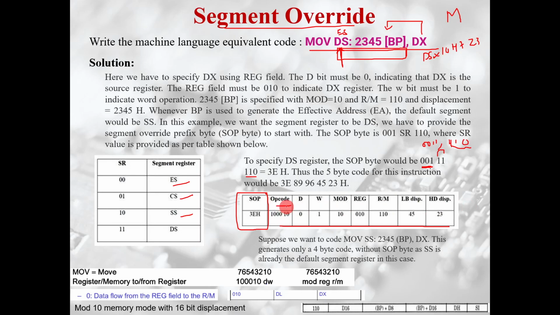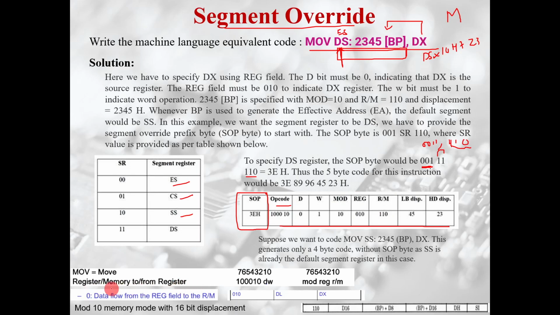These tables I had discussed in my earlier class, so I have just put a snapshot of the relevant parts. This entire table is available in our previous few lectures. The first one is the opcode, which is the move instruction. Here we are moving from register to memory, and it is 16-bit data.